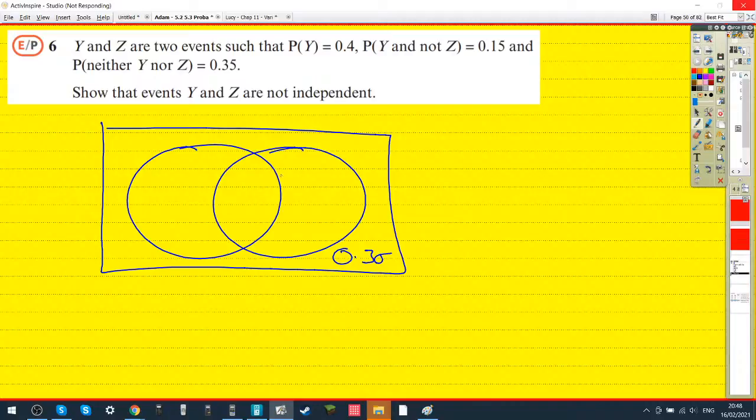Then you could do 0.4 minus 0.15, which is 0.25, which would be the middle. Then you add them all together and minus from 1 to get the right side. Which is 0.65, so 1 minus 0.65, right? Is it not 0.75? Oh yeah, it is 0.75. Which is 0.25.